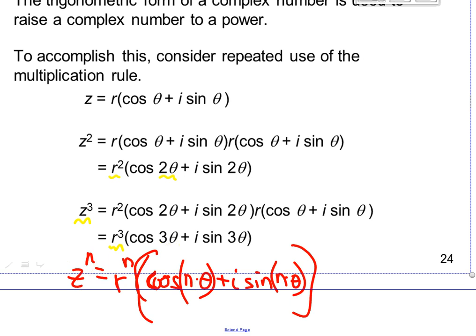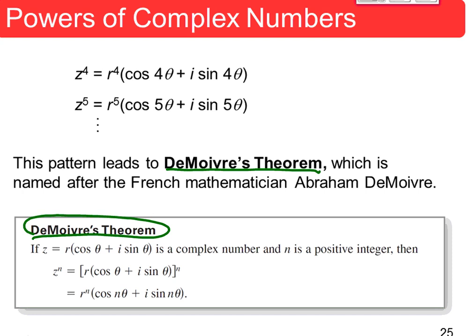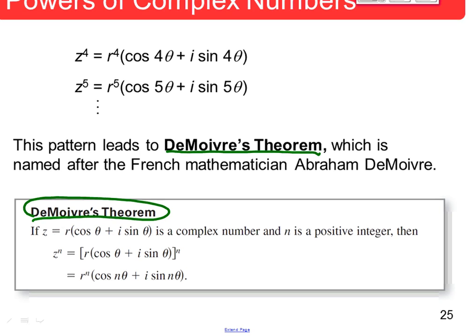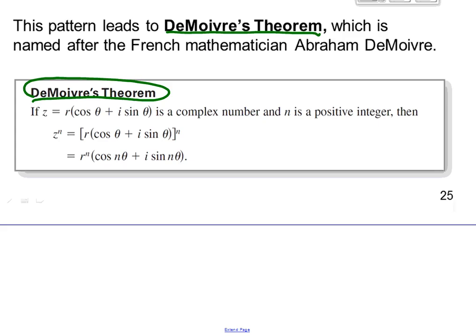And let me get rid of that yellow stuff just to move on. And so this is called de Moivre's theorem. And de Moivre's theorem, so you want to write this down, of course named after a French mathematician, Abraham de Moivre.